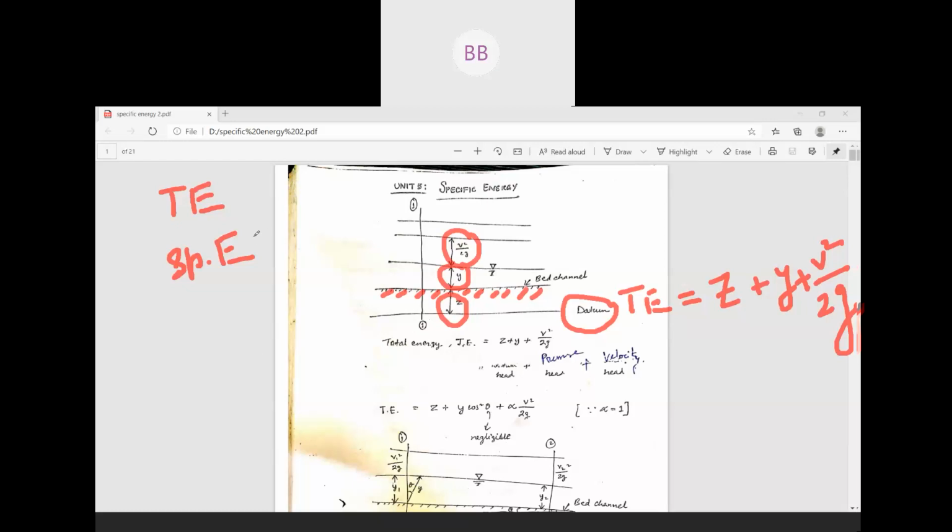So when we talk about specific energy, we have only two terms, because we measure with respect to the bed. Above the bed we have only the pressure head and the velocity head, that is y plus v square by 2g. So this is the difference between specific energy and total energy.